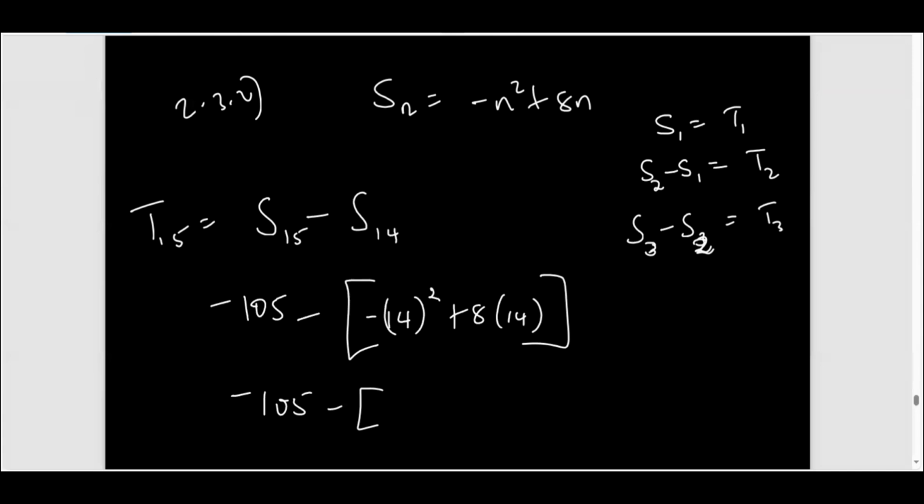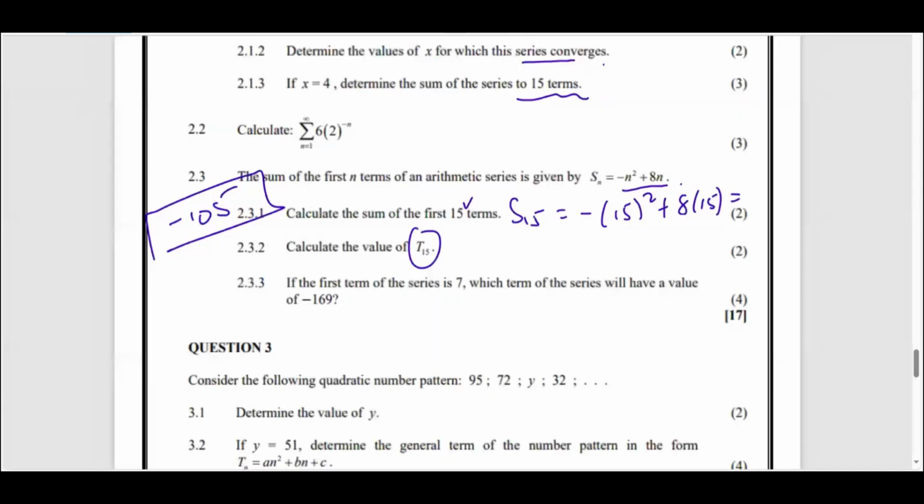So 14 squared is 196, which gives negative 84. Okay, so punching that, I'll have negative 105 plus 84, which means my T15 is negative 21.